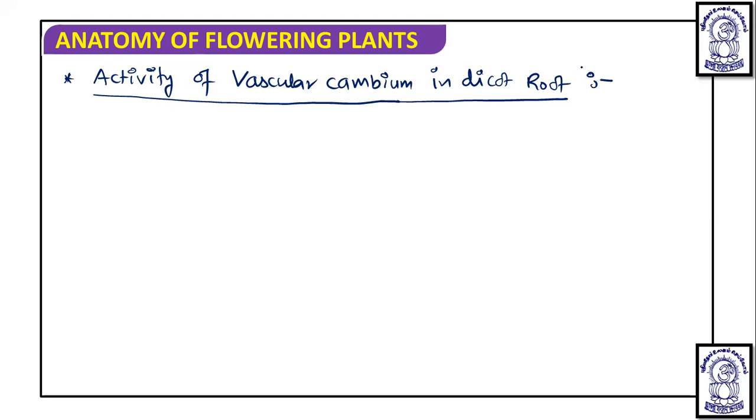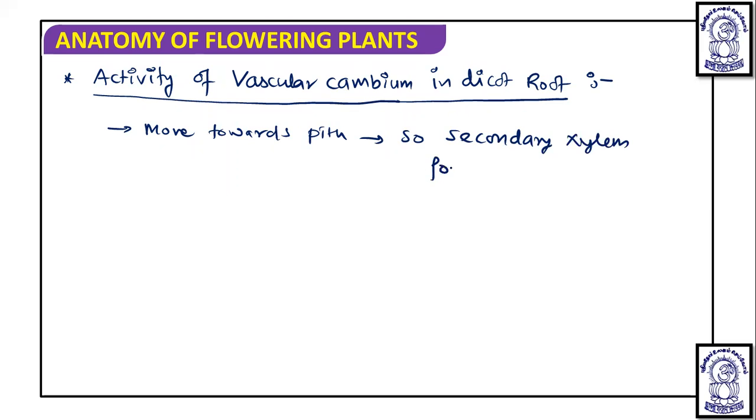The activity of vascular cambium in dicot root, if we talk, is more towards the pith. It is similar to the dicot stem. So secondary xylem formation is more.